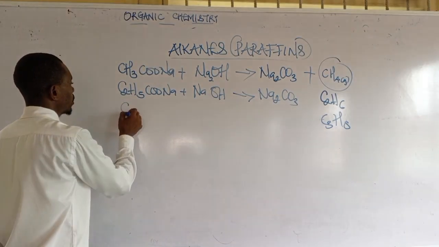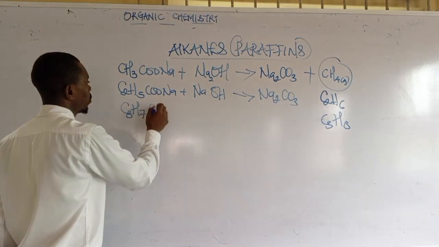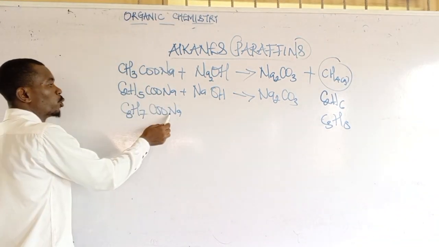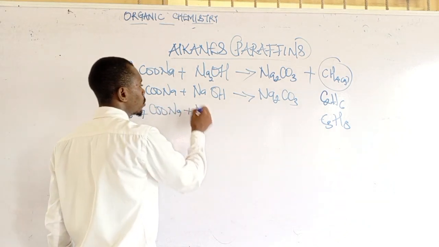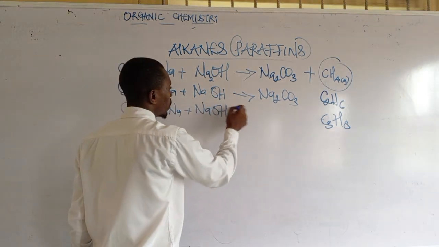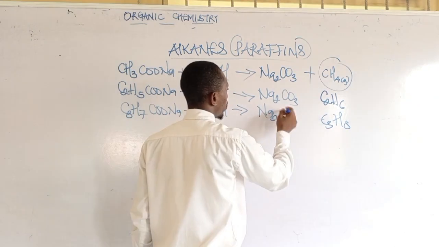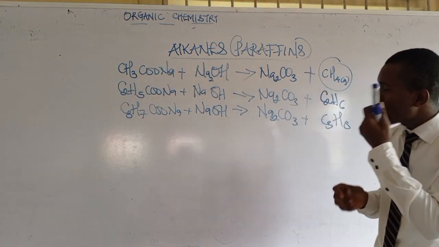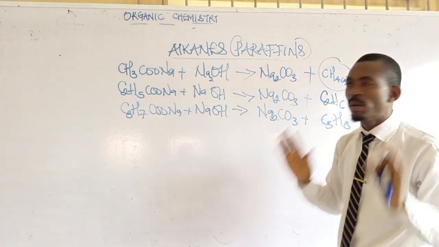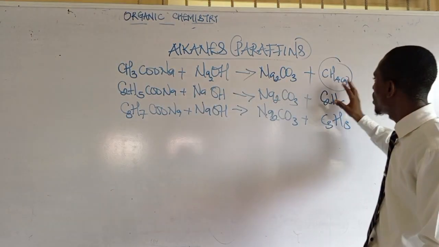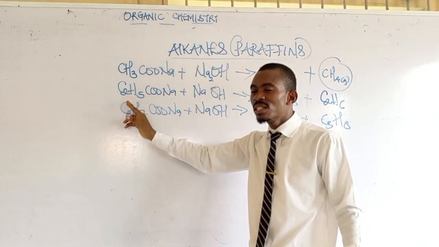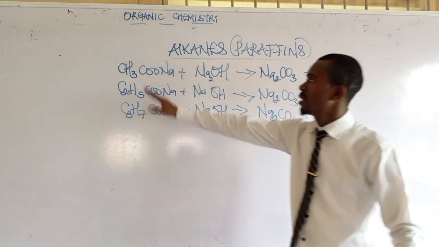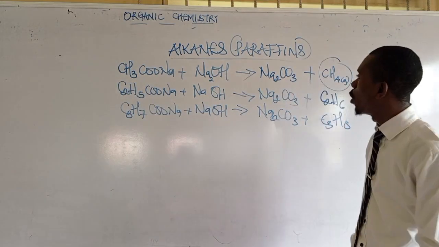Then here is just C3H7COONa, sodium propanoate, sodium butanoate, plus an alkali here, giving us sodium trioxocarbonate(IV). So, what we are simply saying, remember we said that they have the same method of preparation. You can say they are all the same. The only difference is that I increase the ethanoate by increasing it gradually as we go on.